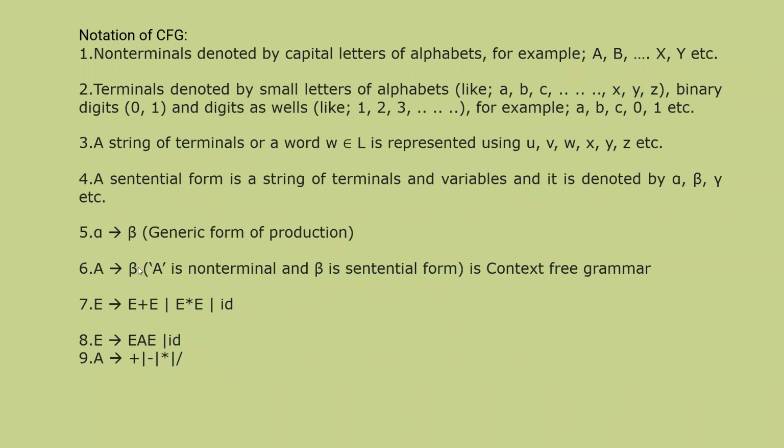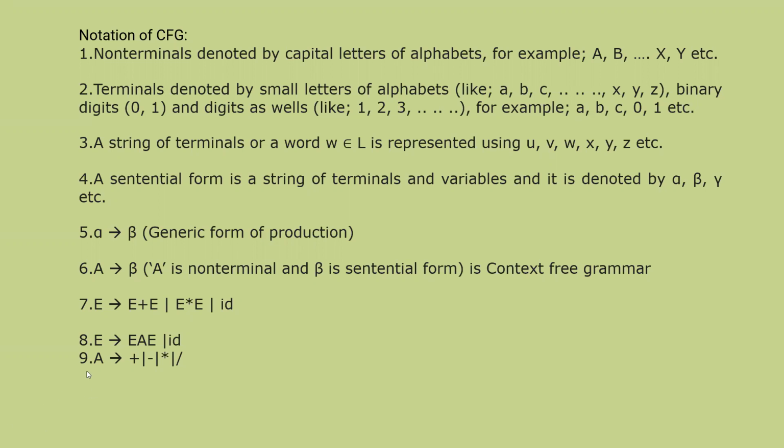So when you have such a production rule, we call it a context-free grammar. Remember this: a context-free grammar will have only one non-terminal on the left-hand side of a production, and the right-hand side will have the sentential form. Whenever I say sentential form, it is a combination of terminals and non-terminals, or sometimes terminals only. That means it will be a string.